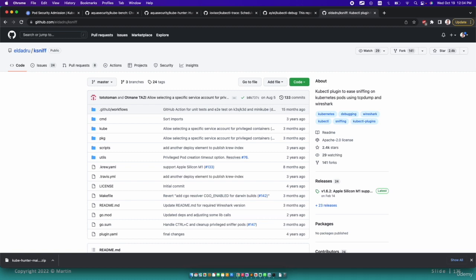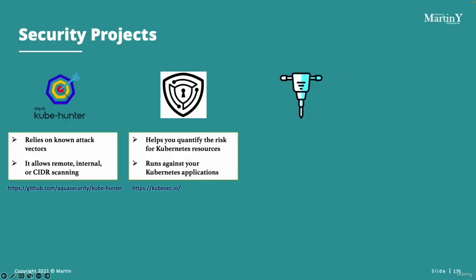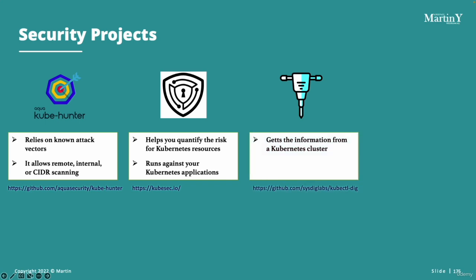Then you have kubectl dig, which is another plugin for kubectl, and sometimes getting information from a Kubernetes cluster requires the use of several commands, which in turn return all kinds of information. So this plugin has a quite nice user-friendly interface from where you can easily see the information related to the Kubernetes cluster.